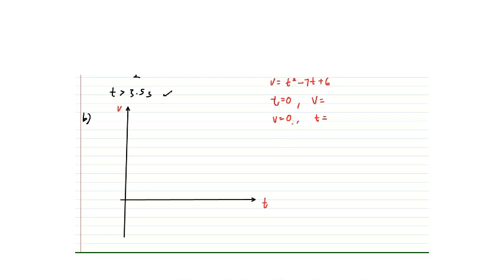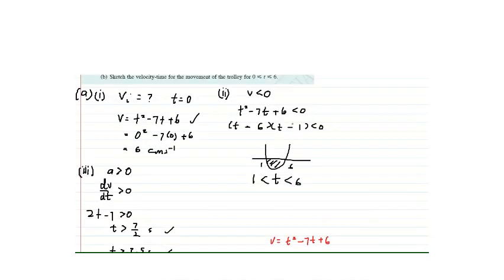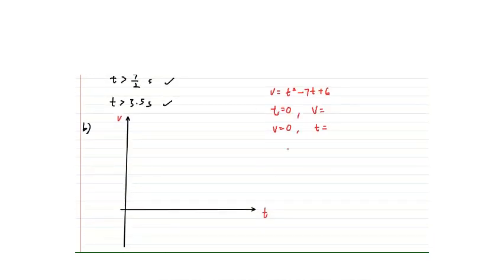When v equal to 0, the time is 1 second and 6 seconds. And when t equal to 0, v will be 6 centimeter per second. And the graph is like this.